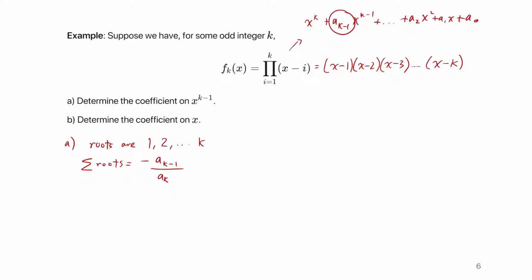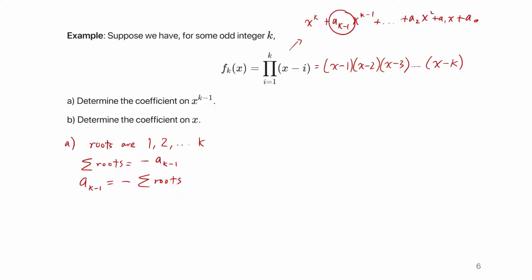And here, a sub k is just 1, so the sum of the roots is negative a sub k minus 1. But that just means a sub k minus 1 is the negative of the sum of the roots. Is that clear? Any questions so far?